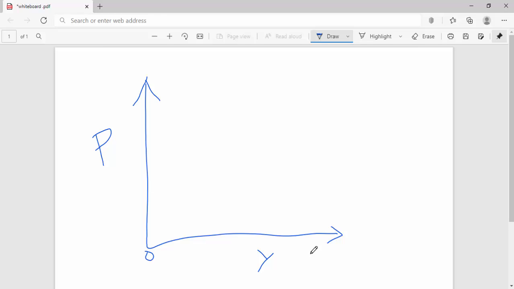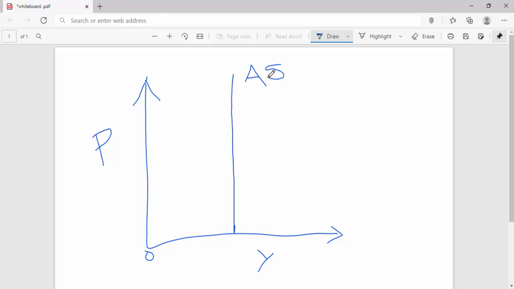What this actually means is that the economy always operates at the highest level of output. And in essence, we are saying that the aggregate supply curve is actually vertical.